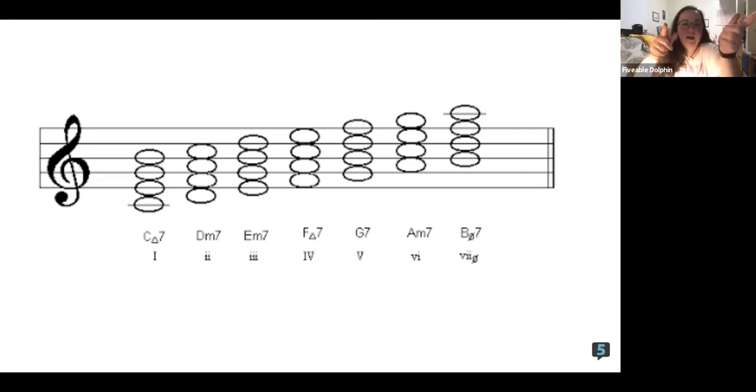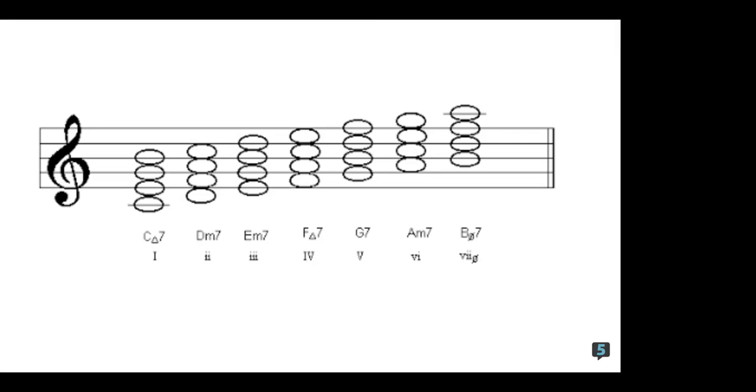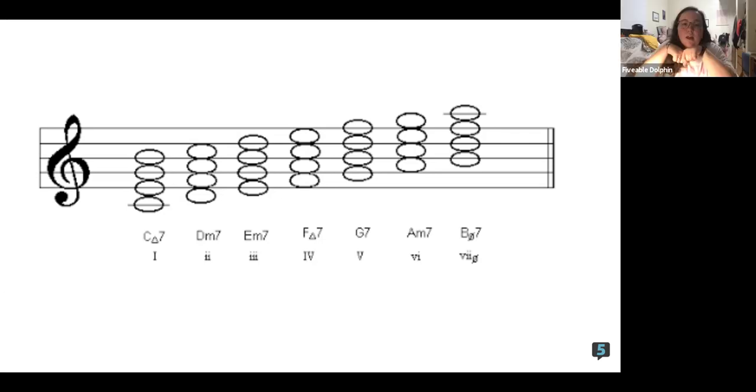Yeah, so that's why I'm going to keep this slide up right now because I think this would help. When you're given the key, here we're looking at this scale with the 7th chords built on top of it. We're in the key of C, right?